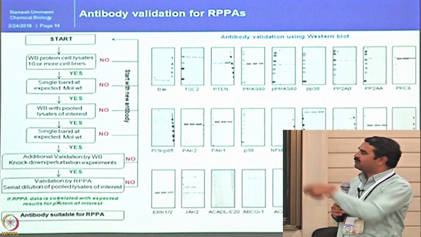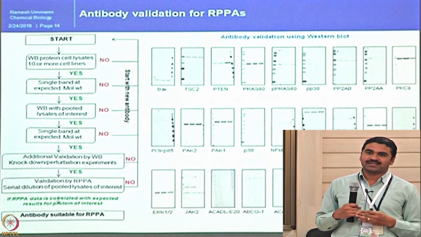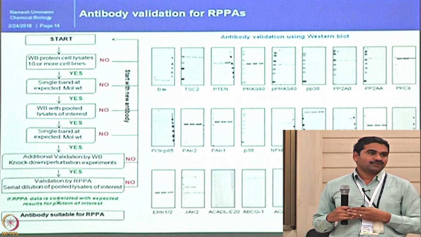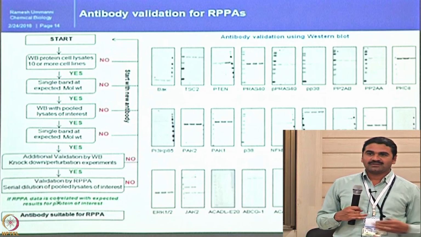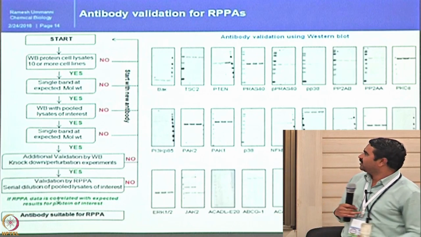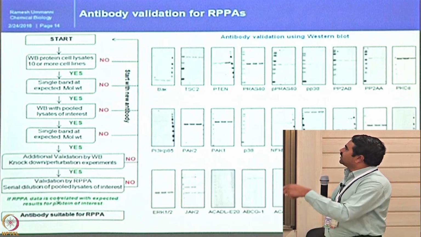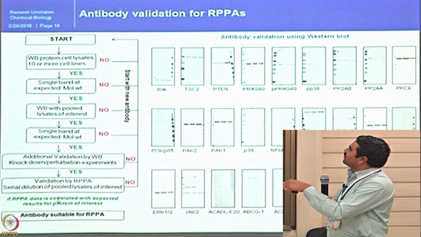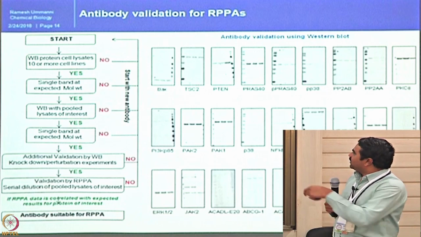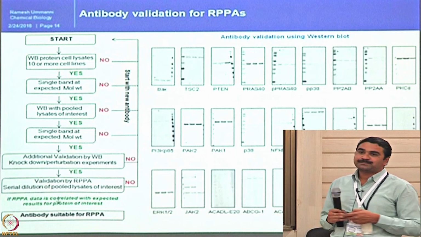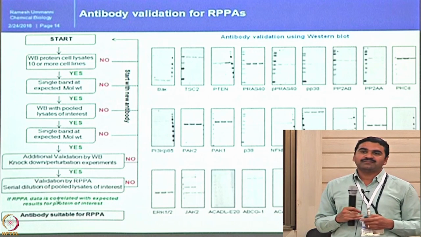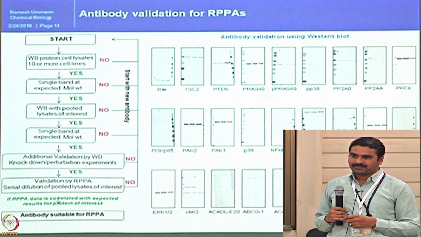In RPPA, we will validate by serial dilution of the samples, whether the antibody is able to detect the serial dilution, the 2-fold, 10-fold or 5-fold dilution, properly. If the RPPA data is correlated with expected results for the protein of interest, then we declare that it is useful for RPPA.